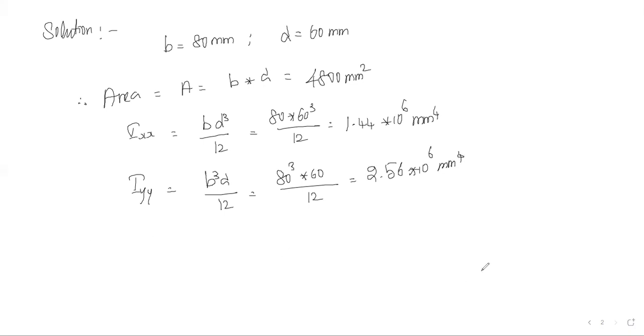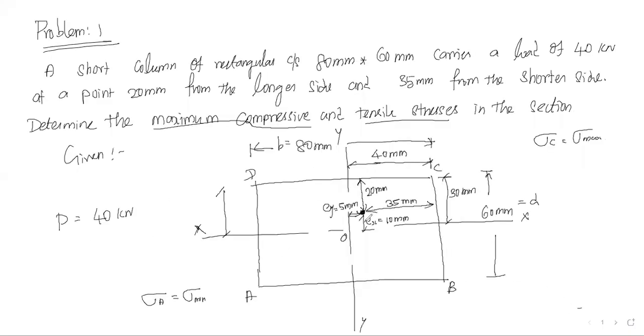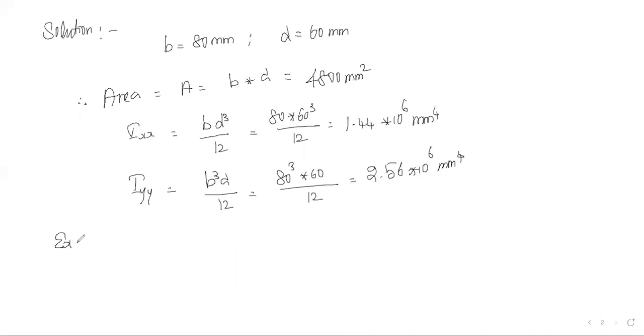Now from the figure, the Ex value is equal to 10 mm, Ey value is 5 mm. That we have to write it down. So eccentricity of load about x axis, that is Ex is equal to 10 mm.